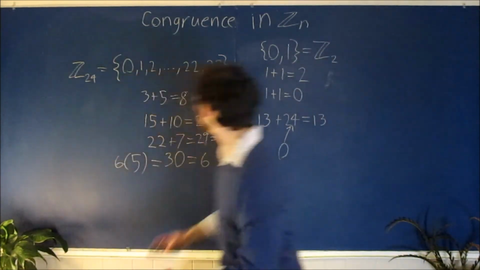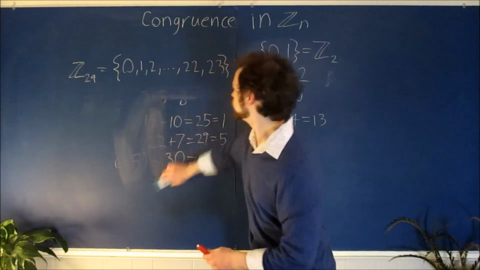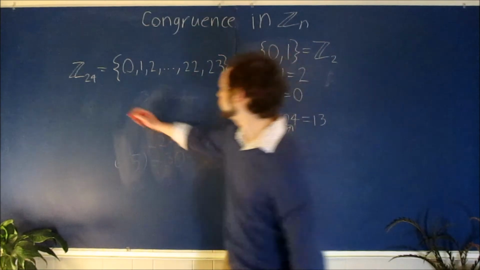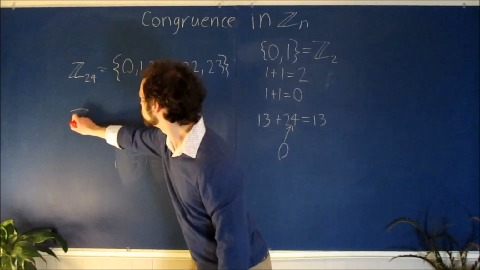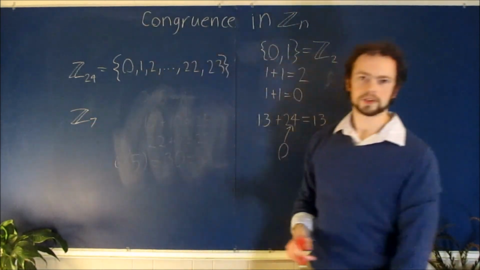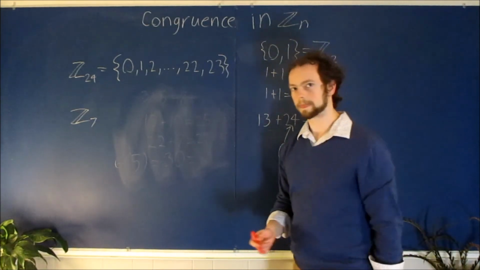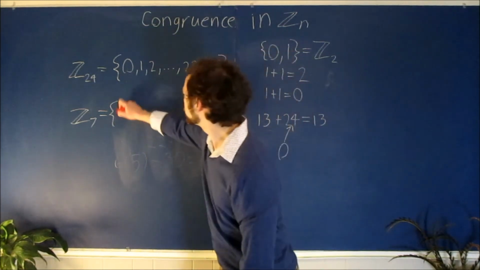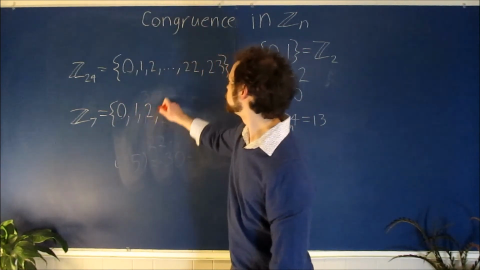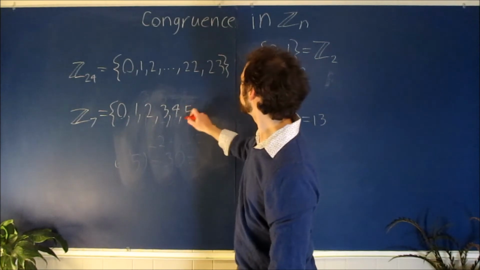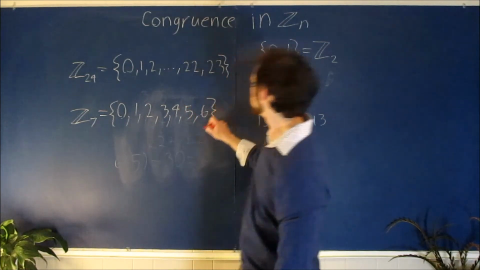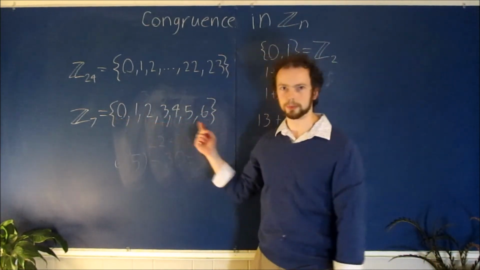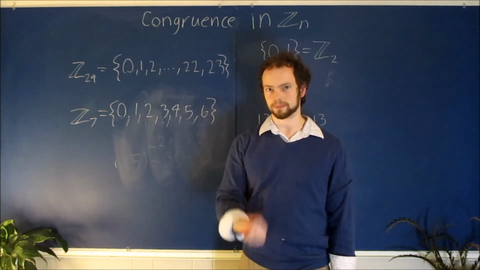And just as another quick example here, say we take the ring Z7. So this has the elements 0, 1, 2, 3, all the way up to 6. Again, my elements are all of the possible remainders when I divide by 7.